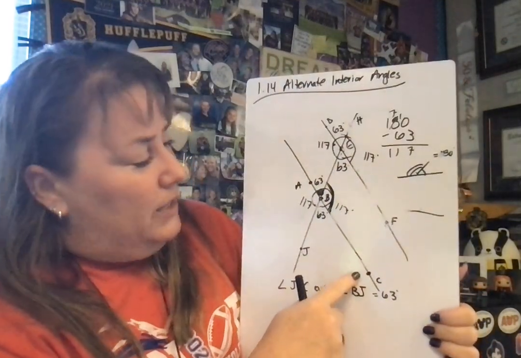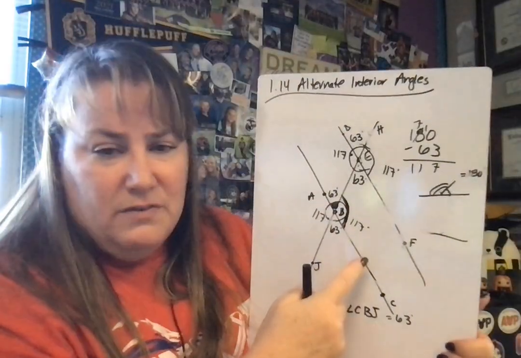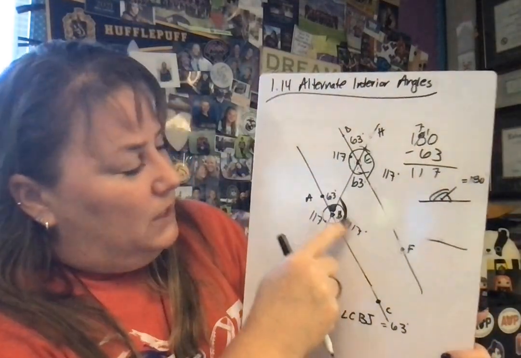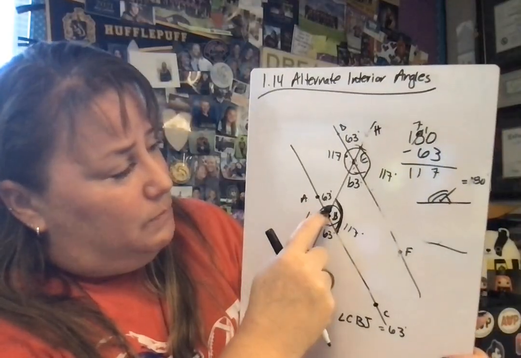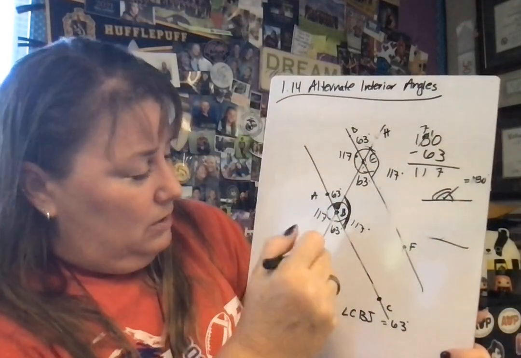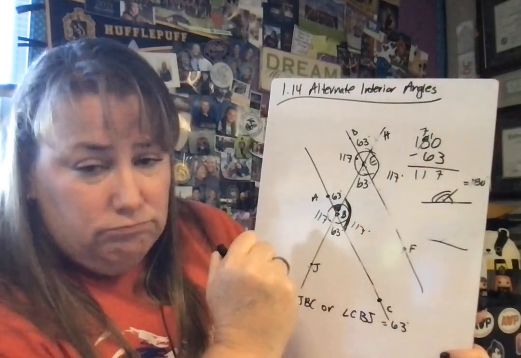You could say angle CBH is 117 degrees because here comes a variety of answers. Supplementary to angle ABH, you could say it's vertical to angle ABJ.